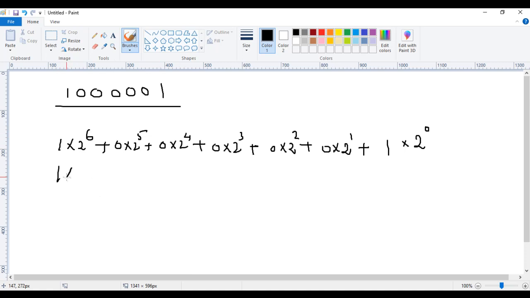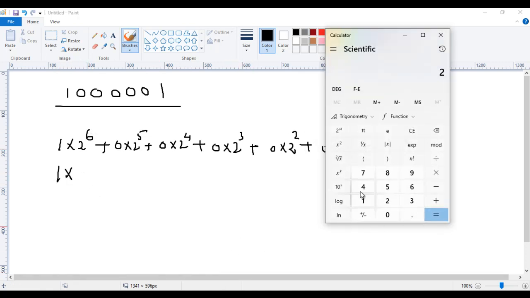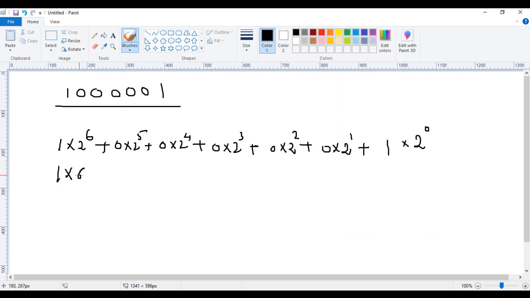Next, 1 multiplied by 2 to the power 6. You can see here 2 to the power 6 is equal to 64, guys. So 64 plus 0 multiplied by anything is 0, plus 0 multiplied by anything is 0, plus 0 multiplied by anything is 0, plus 0 multiplied by anything is 0, plus 1 multiplied by 2 to the power 0 is 1.